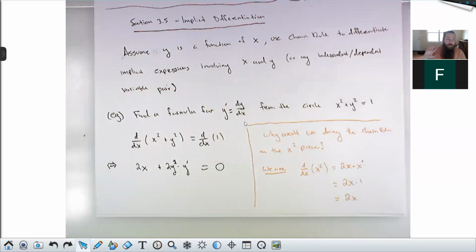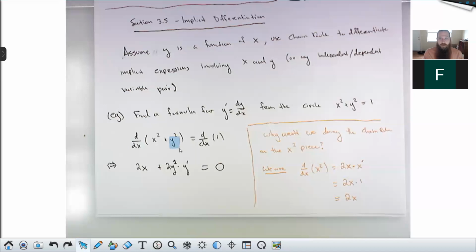This is the big difference between an independent variable and a dependent variable, right? X is the independent variable, and I'm differentiating with respect to x. That's what the dx in the bottom of the d dx notation means. It means take the derivative of the thing next to me with respect to the variable x. In other words, treating the variable x as the independent variable. Y is a function of x.